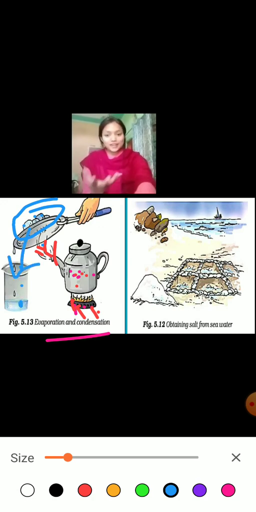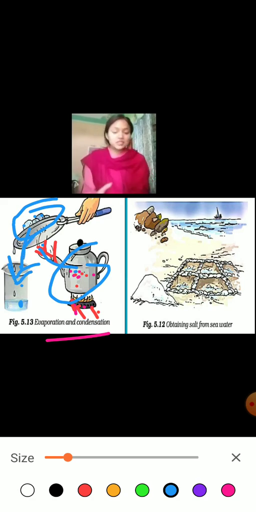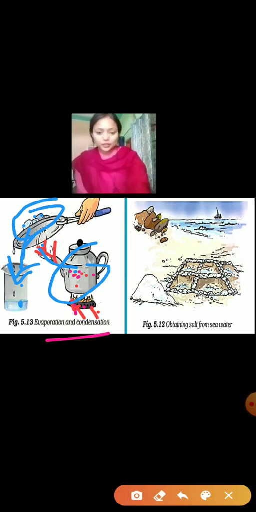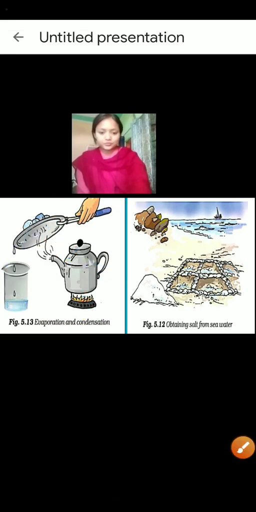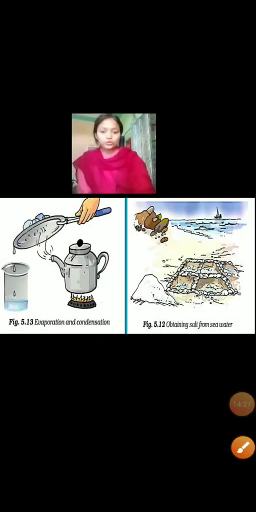So directly or indirectly they are dependent on each other. Water is converting into water vapor, and water vapors are converting into liquid. So both the processes, evaporation and condensation, are happening here. Now this is all about condensation and evaporation.